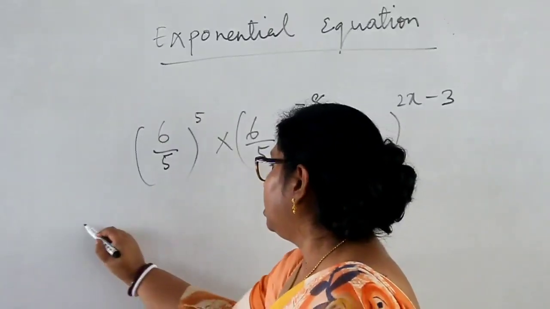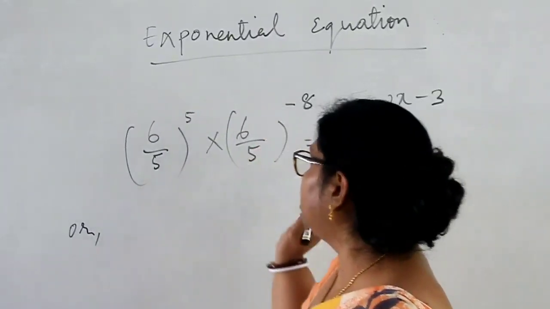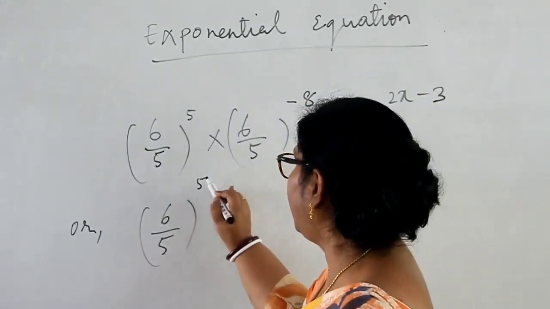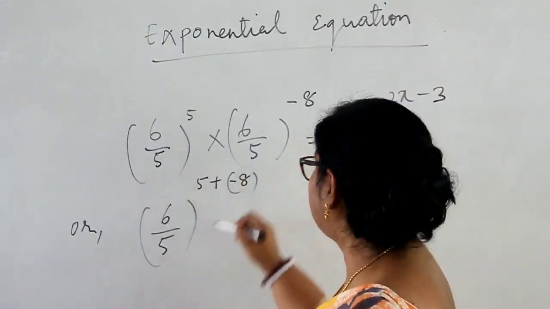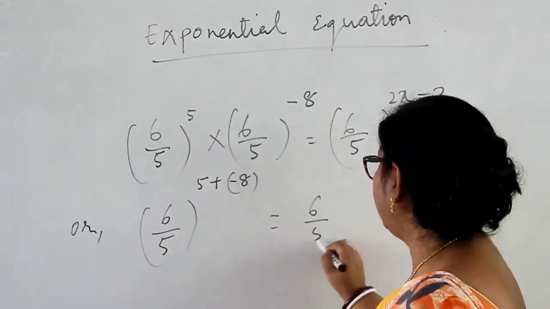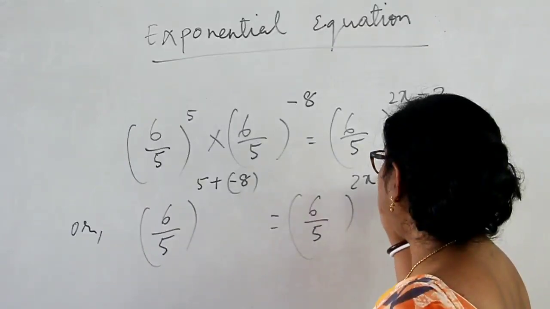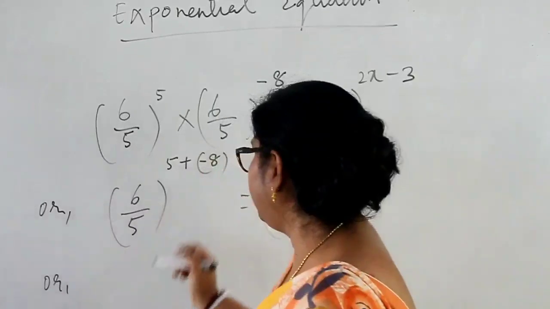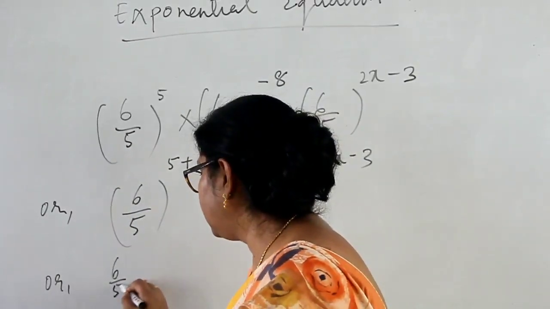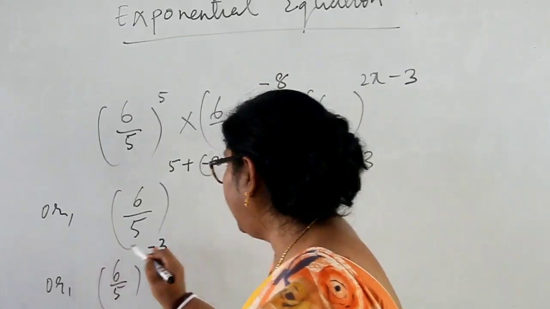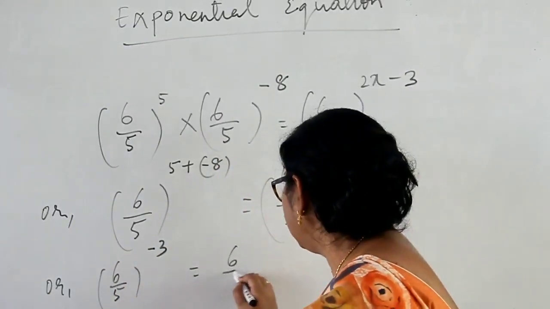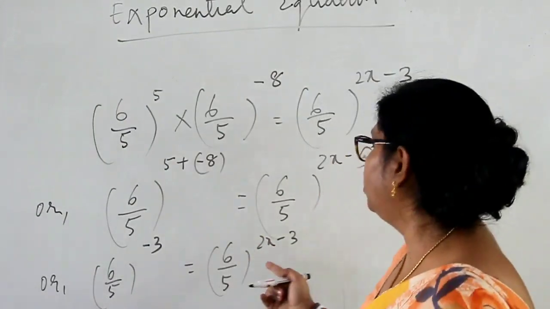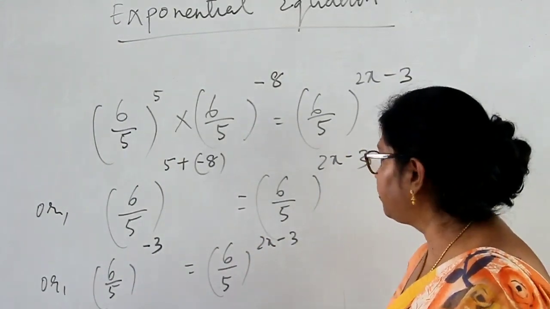So we have to again follow the laws of indices. So 6 by 5 whole to the power 5 plus minus 8, which is equal to 6 by 5 whole to the power 2x minus 3. Now adding this 5 and minus 8, we get 6 by 5 to the power minus 3, and right hand side we get 6 by 5 raised to the power 2x minus 3.